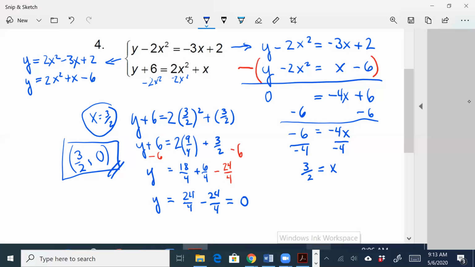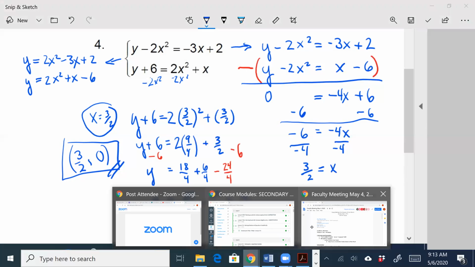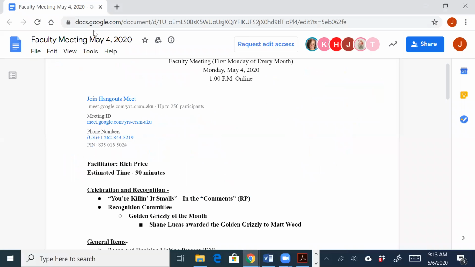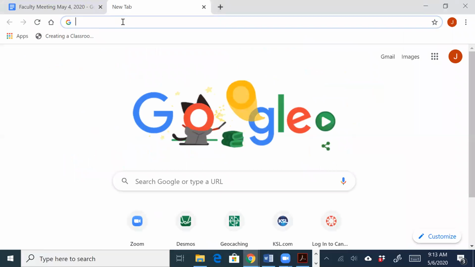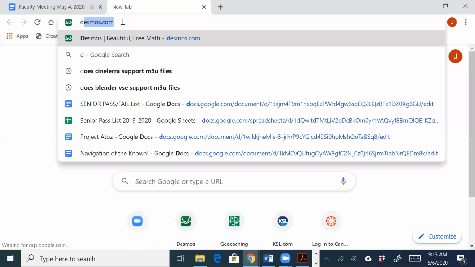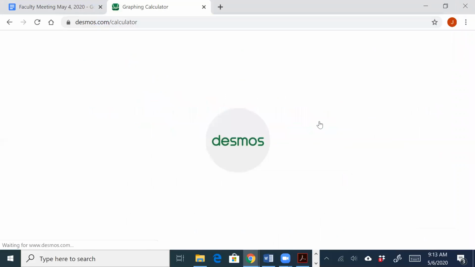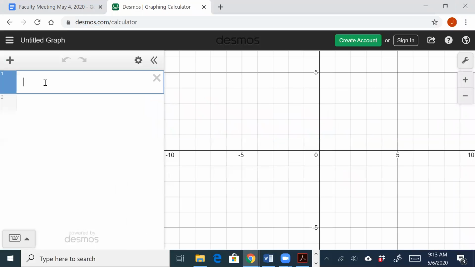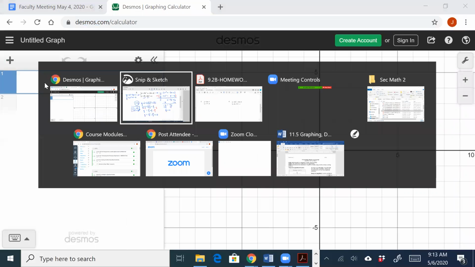And I put them in that form so that then I can go over to Desmos and put those into the graphing calculator function.